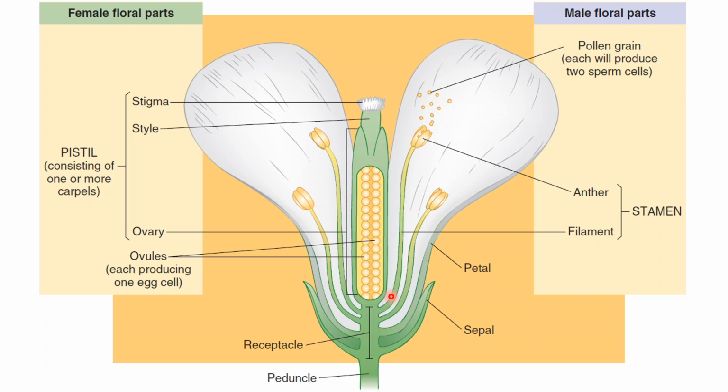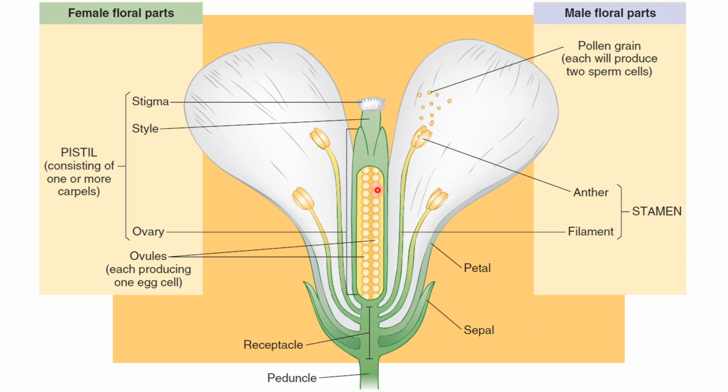In most flowers, each carpel or group of few carpels has 3 sections: a stigma, that is at the top, like the mouth of a bottle, then the neck, that is called style, through which the pollen tube will grow, and the ovary.